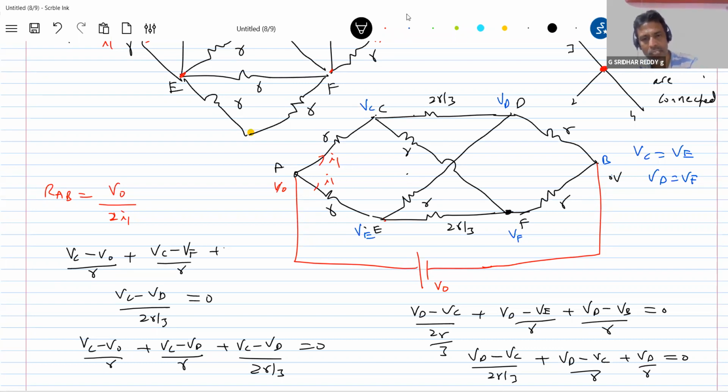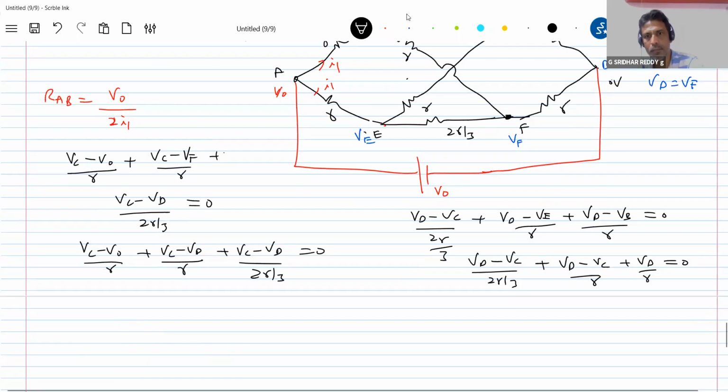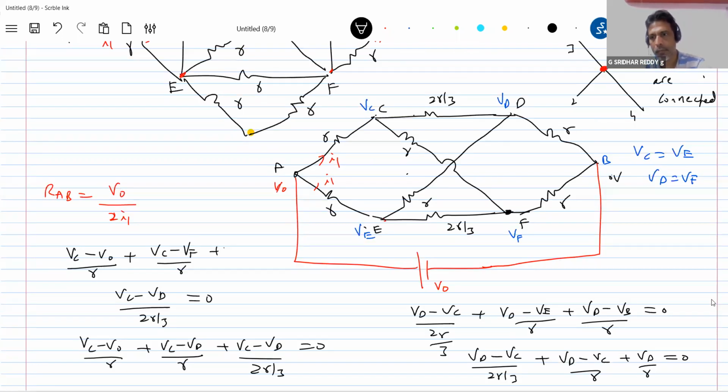Once I get VD and VC, how to calculate I1? How to calculate I1? It is (V naught minus VC) by R. Yeah, that formula I'm going to apply.